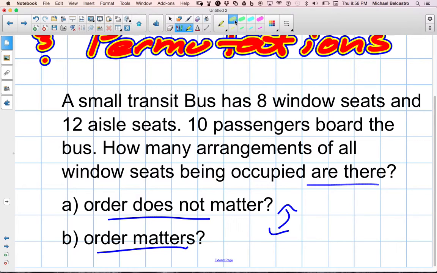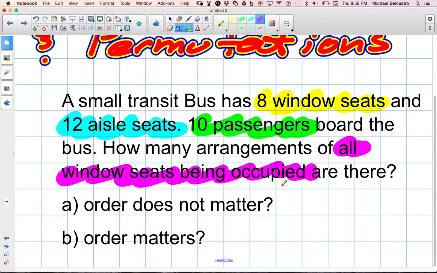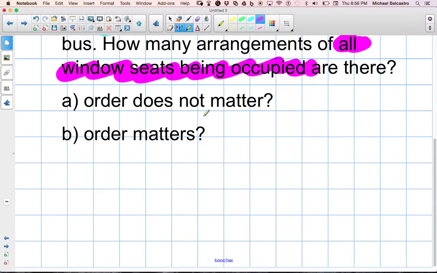So let's highlight what's important here. We have 8 window seats, 12 aisle seats, 10 passengers, and then the final question says all window seats are occupied. Okay, I'm going to draw out a scenario here. We'll use blue for window seats. So there are a total of 8 of them: 1, 2, 3, 4, 5, 6, 7, 8.